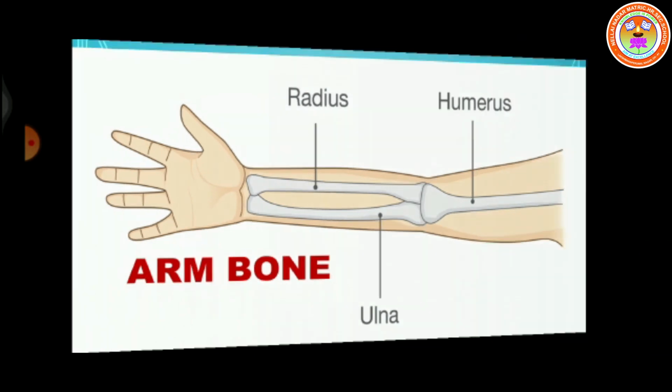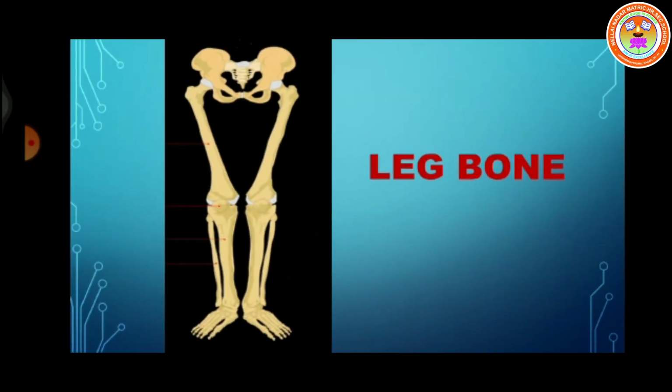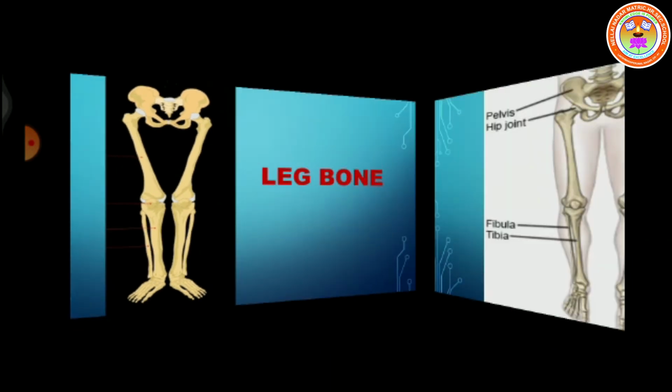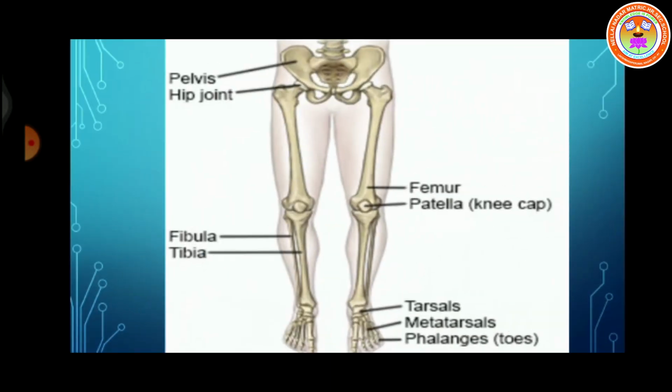Now let us see the leg bone. The leg bone is the lower limb, that is legs is called what? Lower limb, made up of femur, tibia, fibula, tarsals, metatarsals and phalanges.